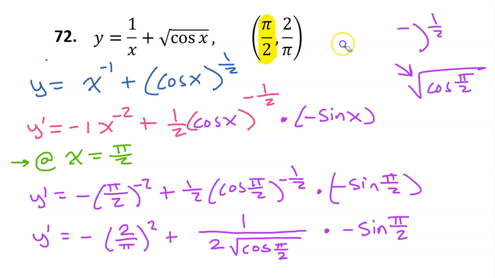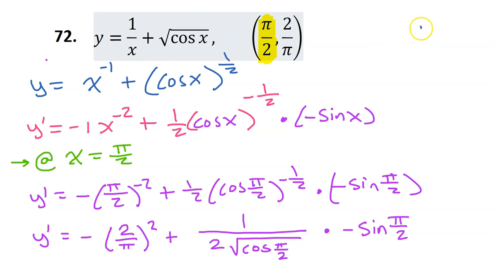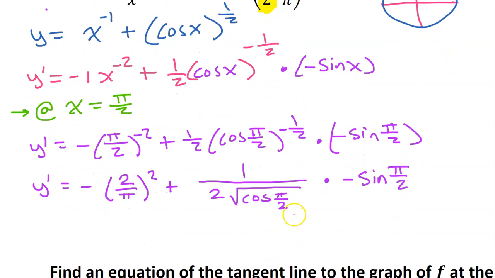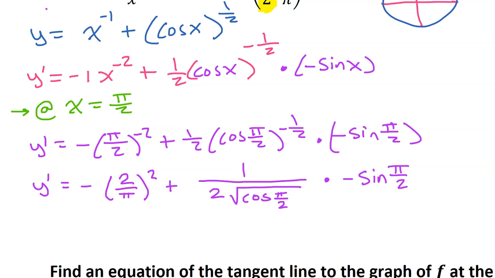Think about what the cosine of pi over 2 is. So here's a small diagram of my unit circle. Remember that pi over 2 is up here at the top, and cosine is the x value. So the x value here is 0, right? This is the point (0, 1). So the cosine of pi over 2 is 0, but that's going to be a problem. So I really don't even need to write the rest of all of this.